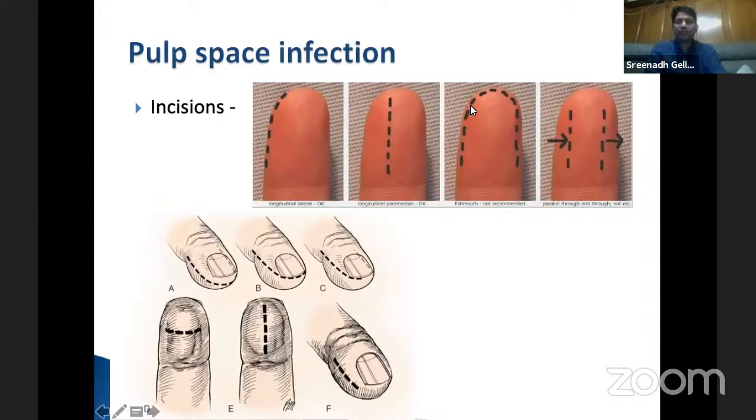Try not to put either a fish mouth or a U-shaped incision, and the other one you need to avoid is the H-shaped incision or two parallel incisions. These two are no and no, and these two you can give. The first one is my preferred incision because the results are quite good for these patients.